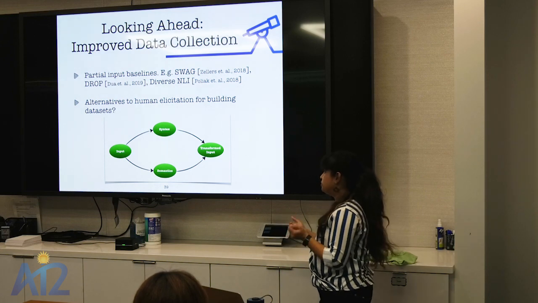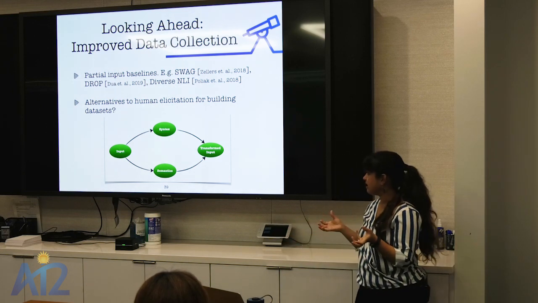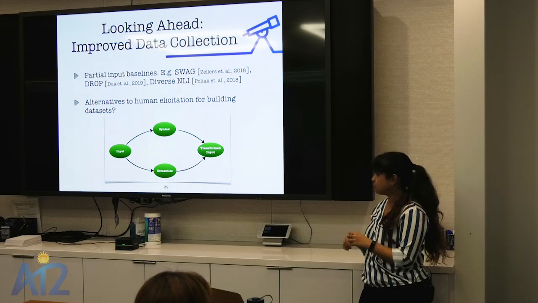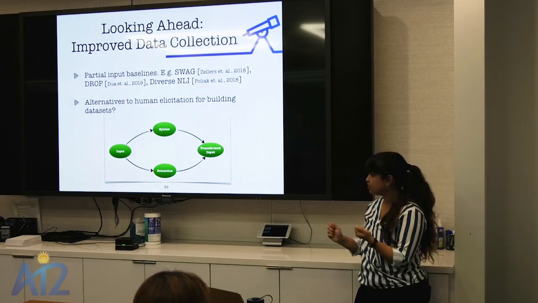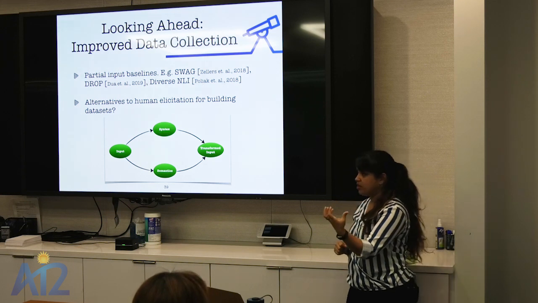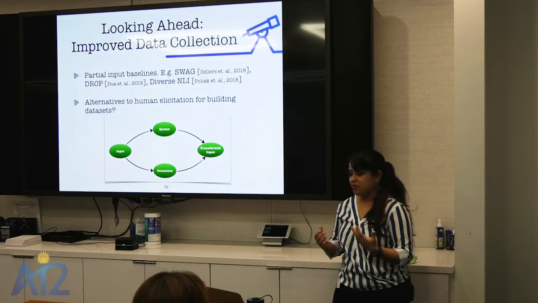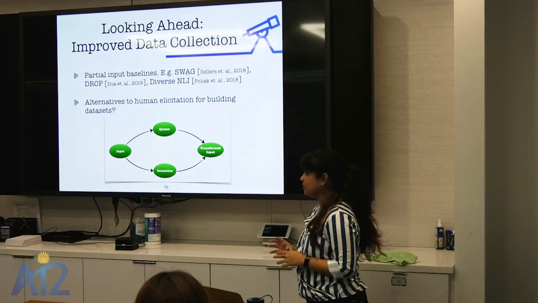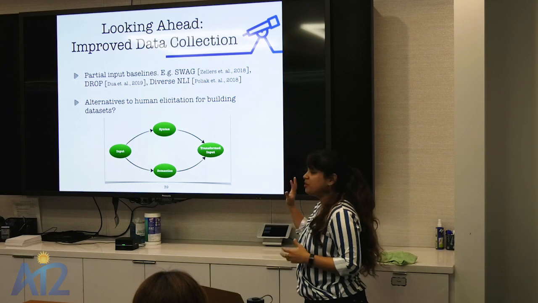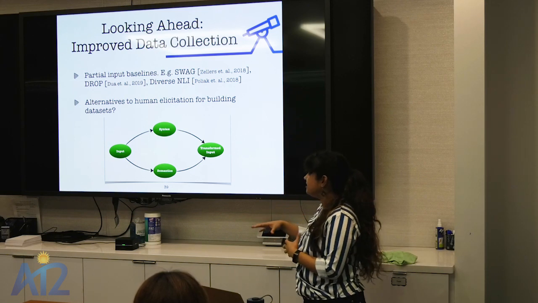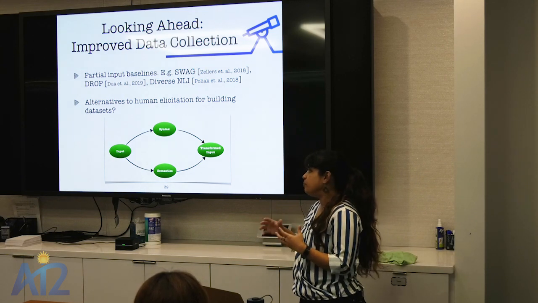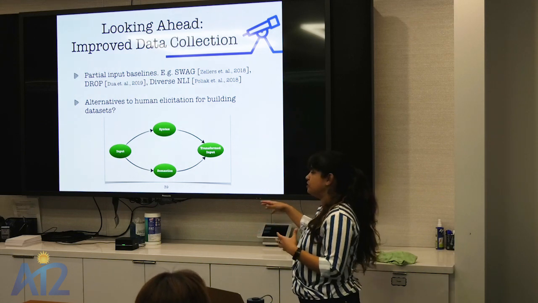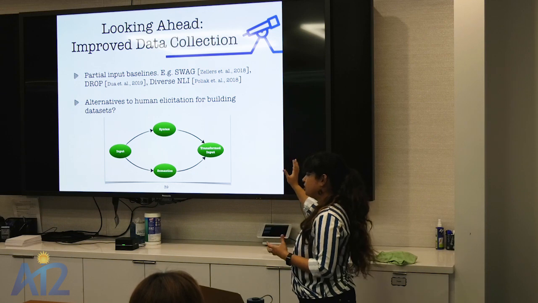This would correspond to some kind of attribute or style transfer, but instead of transferring attributes, we would be transferring the kind of relationships between the premise and the hypothesis. So I'm interested in these kinds of tasks which could get rid of the annotator in the loop, but maybe we can add back the annotators to filter out a lot of the noisy examples one could generate by a process like this.